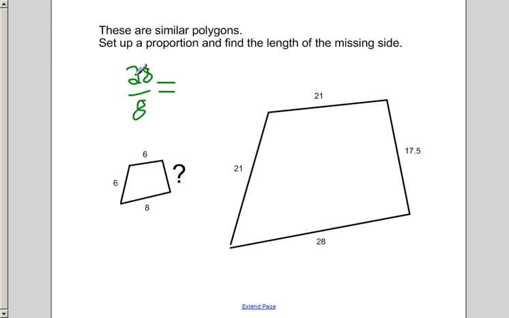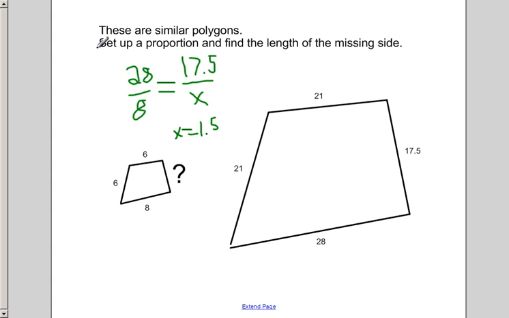And then here's 17.5 is the corresponding side. And we don't know what our value is here. When you solve for x, whether you're cross multiplying, you should find that x is equal to 1.5.